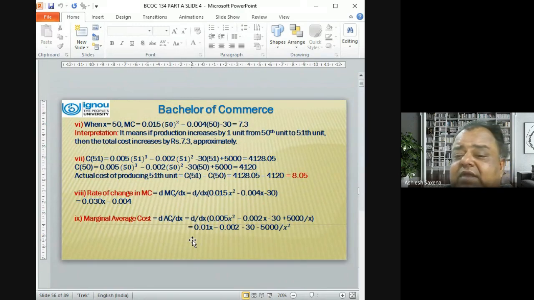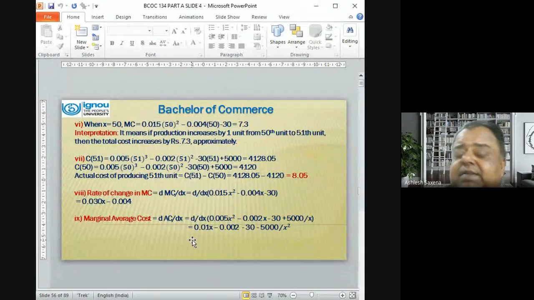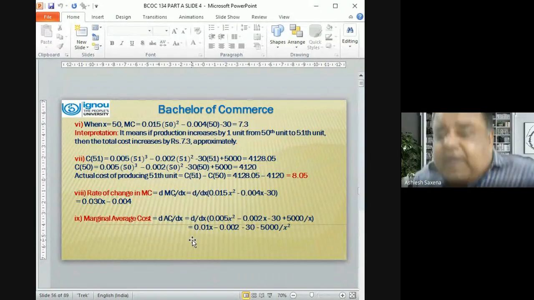So you will get 4128.05, and C50 will be 4120. What is the difference between them? Because 50 units are being produced, you are being asked to calculate the additional amount required to produce the 51st unit. So you will be subtracting this.